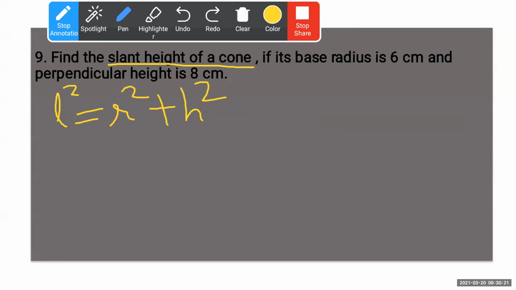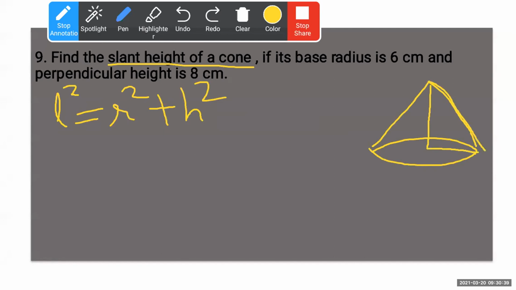Now students, this is somewhat like applying the Pythagoras theorem. Just I will show you. This is a cone.